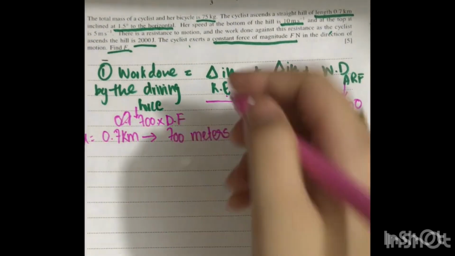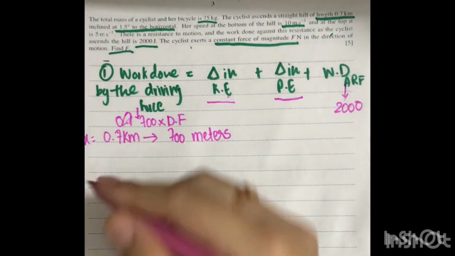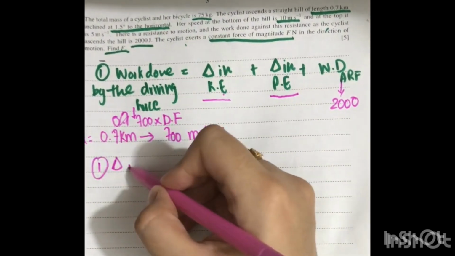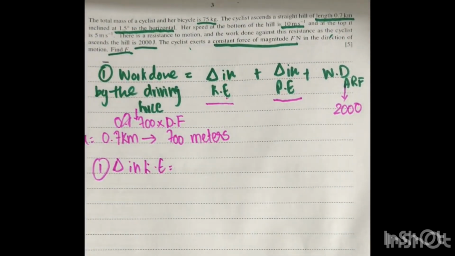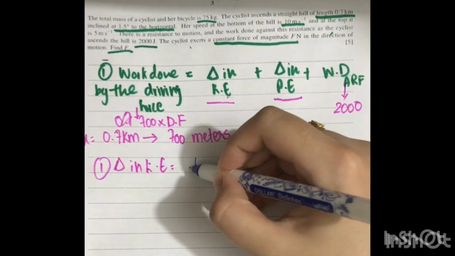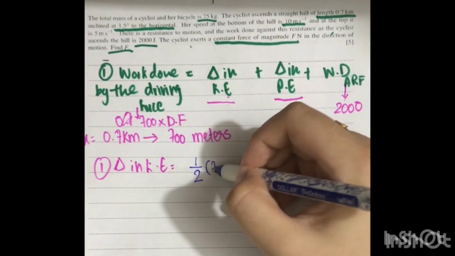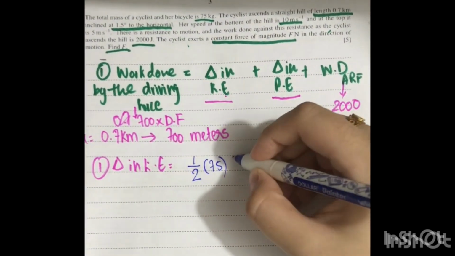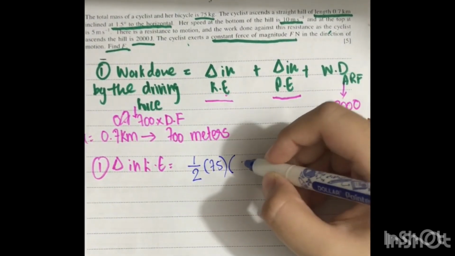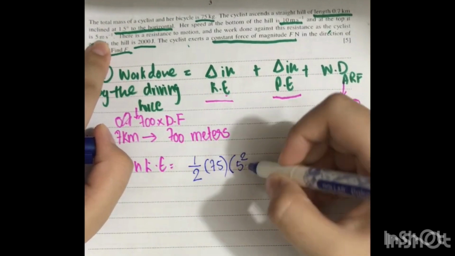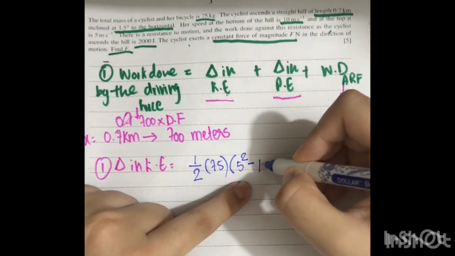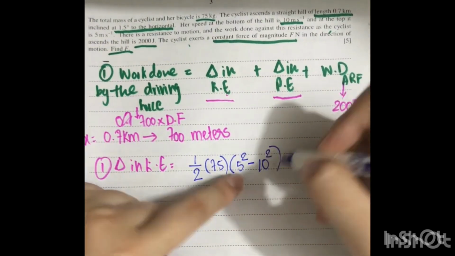So first let's find the change in kinetic energy. An easy formula is half multiplied by the mass, which is 75, multiplied by the final speed, 5 meters per second squared, minus the initial speed, which is 10 squared.